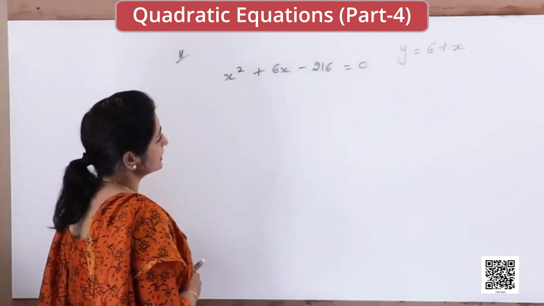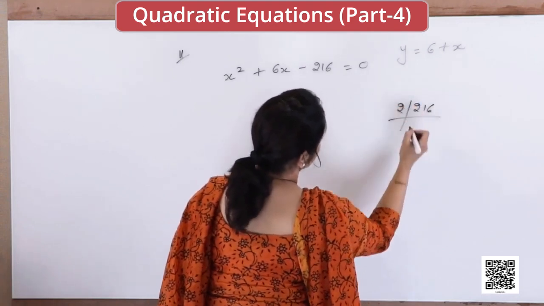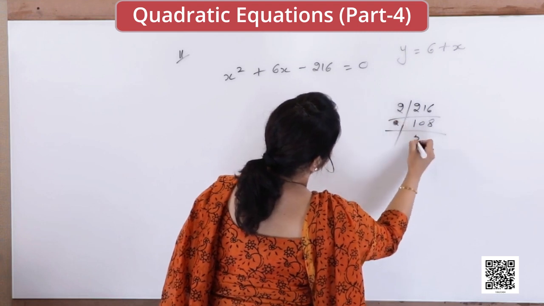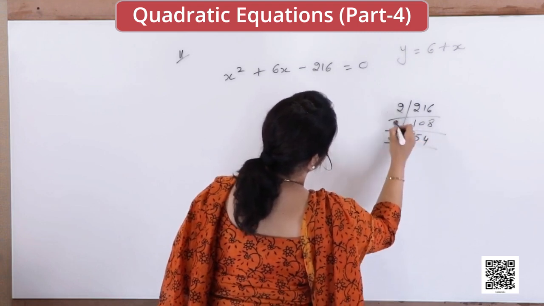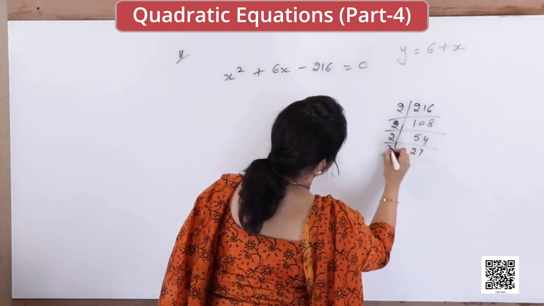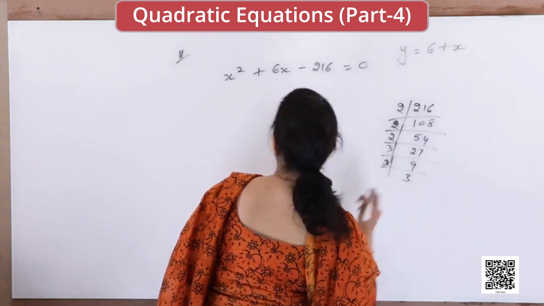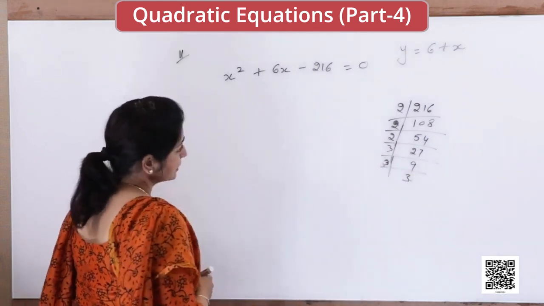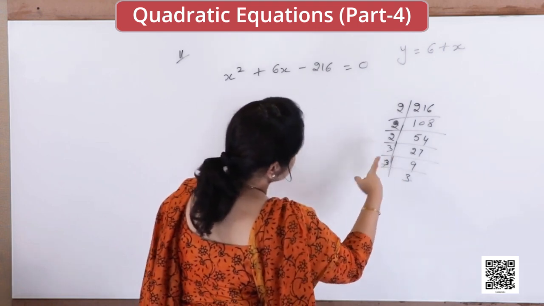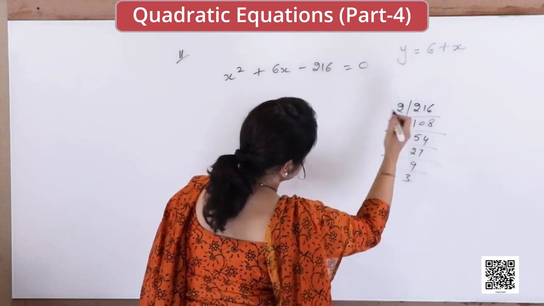Now, factorizing 216, we will have 108 and dividing it by 2 we get 54, again by 2 we get 27. Now, we need 6 here. So, 3 3s are 9, 9 3s are 27, that will be too big. 3 3s are 9, 2 9s are 18 and 3 2s are 6, 2 6s are 12.